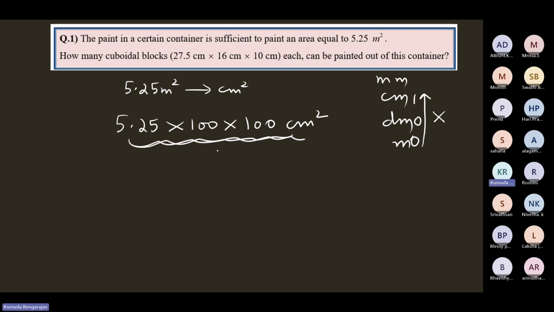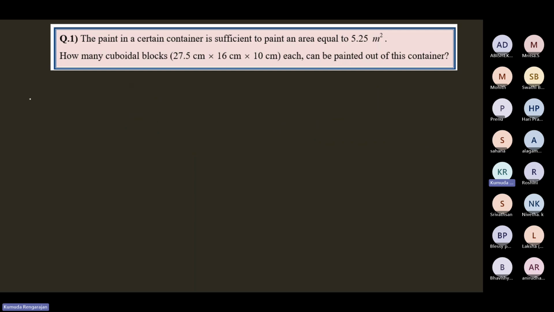The question is, how many cuboidal blocks can be painted using this much paint? So the equation is, n into the TSA of one block is equal to this area of 5.25 meters square.